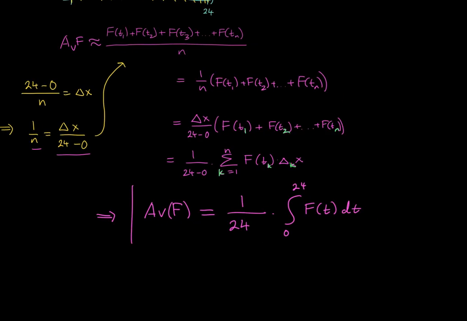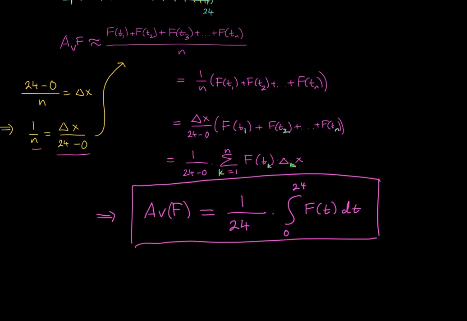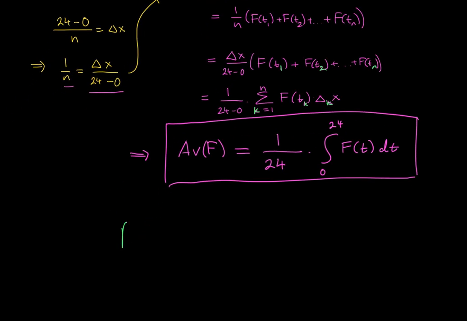This is a definition. Let me define it for an arbitrary function. We're going to come back and approximate the temperature in Sacramento in a second, but it's a huge definition that I need us all to know.